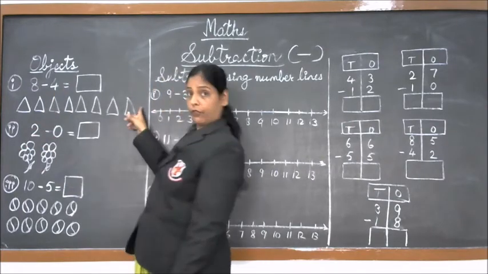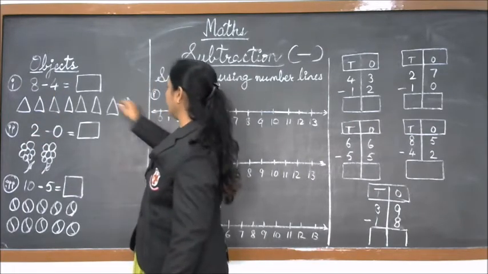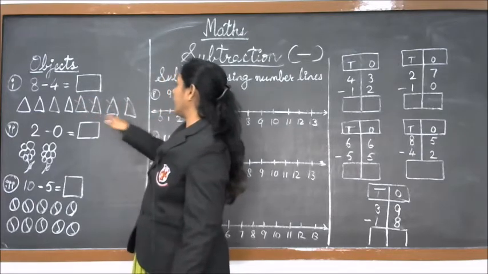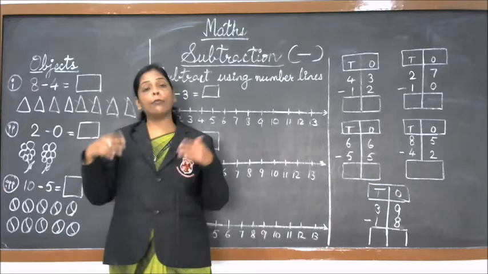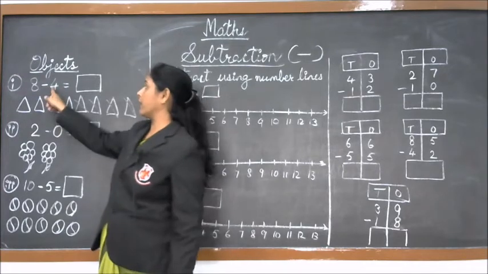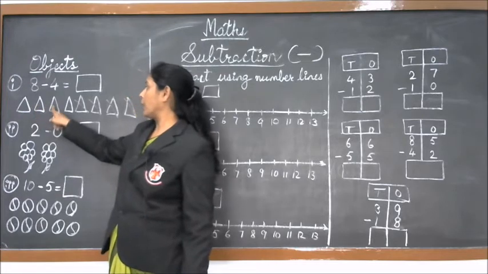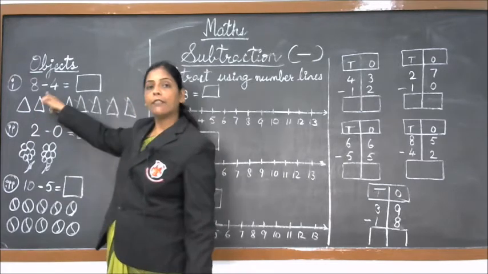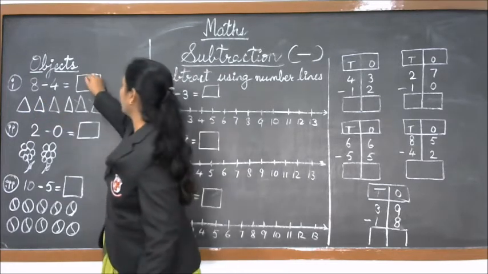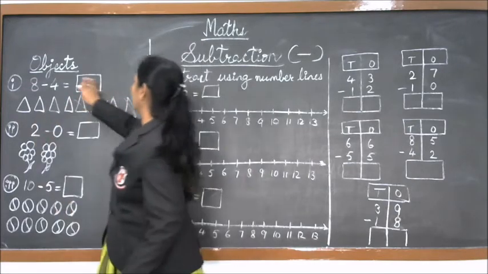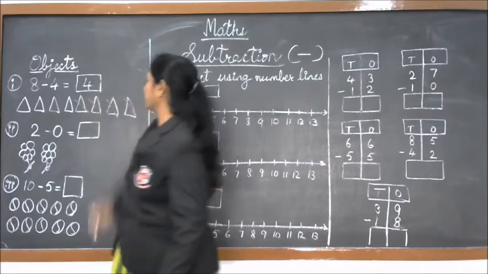So, let us start from the end. This is 1, 2, 3 and 4. 4 we have deducted. Now, how much is remaining from 8? 1, 2, 3, 4. So, 8 minus 4, the answer is 4. Let us write, the answer is 4.